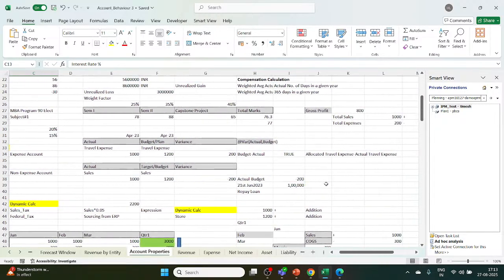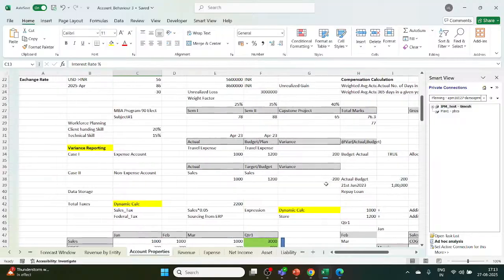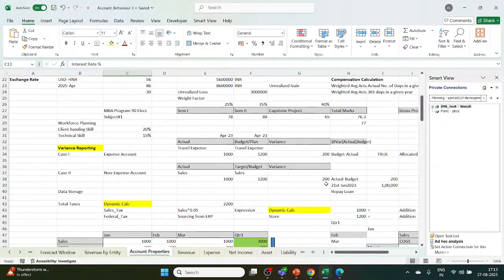So you can understand this better with the help of this example, like the travel type of expense. For that, the expense account is generally used. Where the account is related to sales, we can use the non-expense account, because of actual minus budget and budget minus actual, which we discussed yesterday.